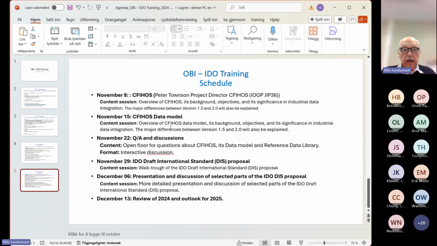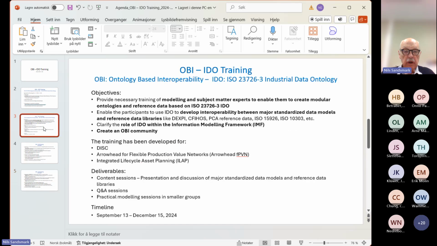As Peter already said, the next meeting next Friday will be on the CFIHOS data model, and Jason Roberts from Shell will do that. And then the Friday after that, again, we will have questions and answers and discussions, and that will be very much about how we can bring this work forward in cooperation with the projects that are supporting this work.